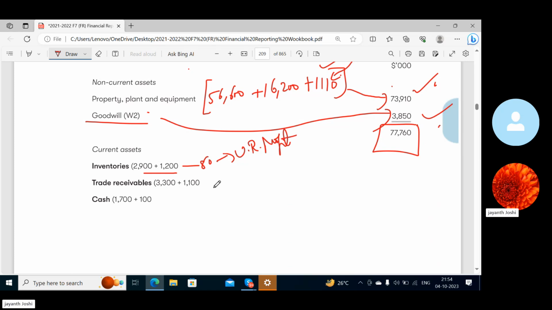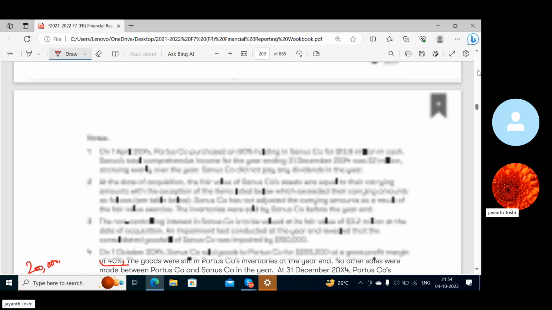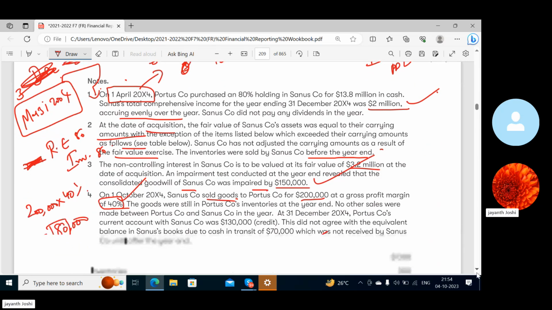Now trade receivables. We have to see the trade receivables thing. The goods were still in Potter's company inventory at the year end. No other sales were made between Potter's and Sanos in the year. Potter's company current account with Sanos company is 130 credit.